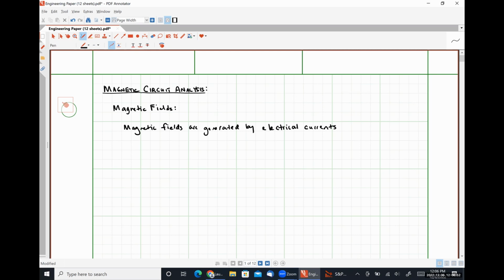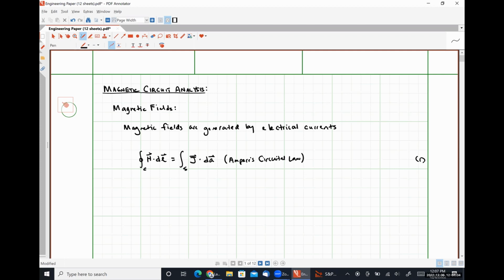Our first equation is this: we have the closed line integral of the magnetic field vector H dotted into some differential line element dl, and this will be equal to a surface integral of the current density vector dotted into a differential area element. This is called Ampere's circuital law, and we're going to call it equation 1.